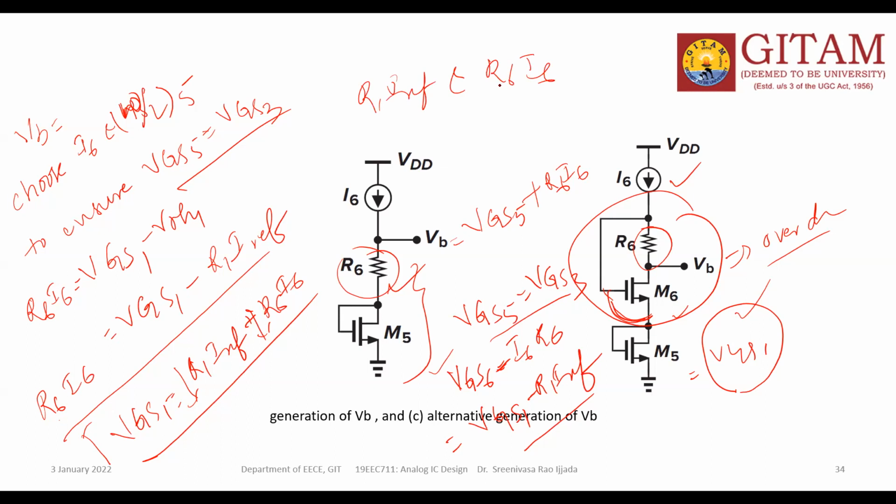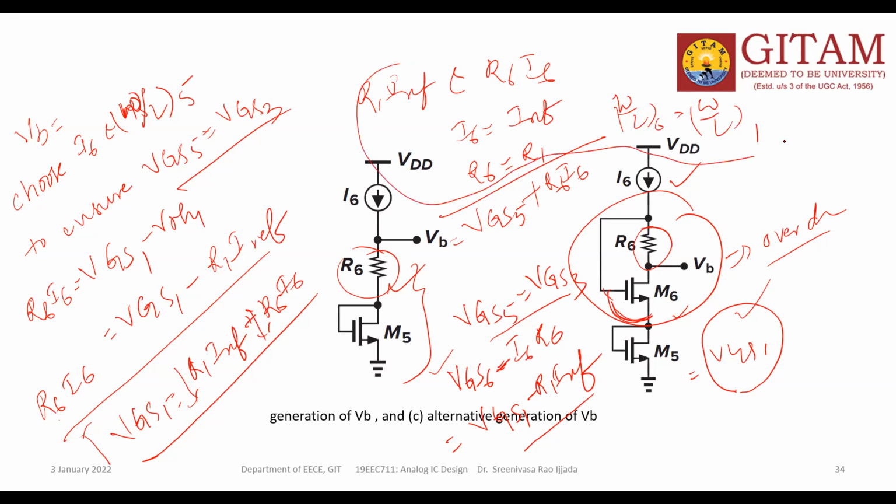So the assumption is to choose I6 equal to I reference, and R6 equal to R1. Then the ratio W by L of 6 is equal to W by L of 1. These are the conditions. This circuit will do better.